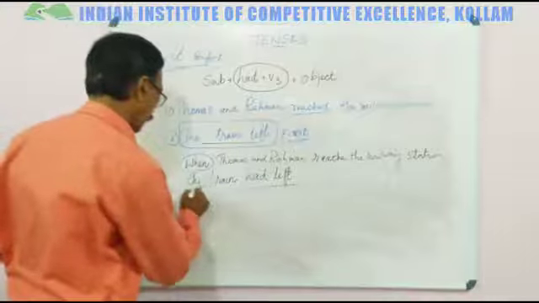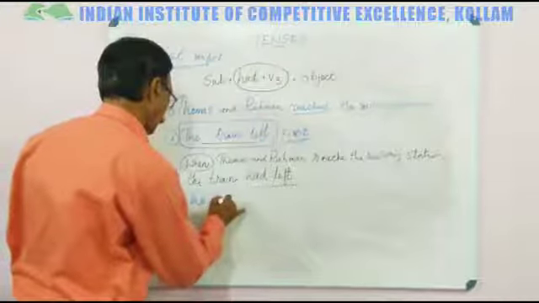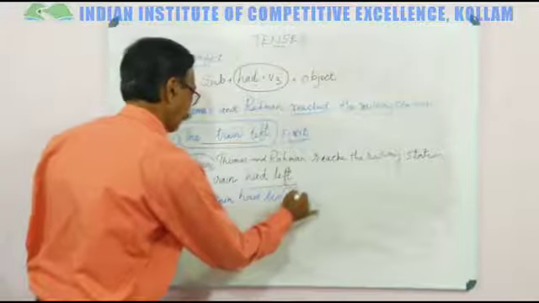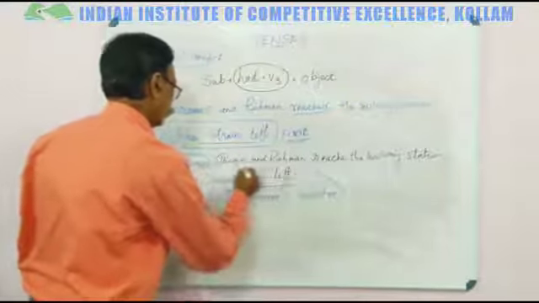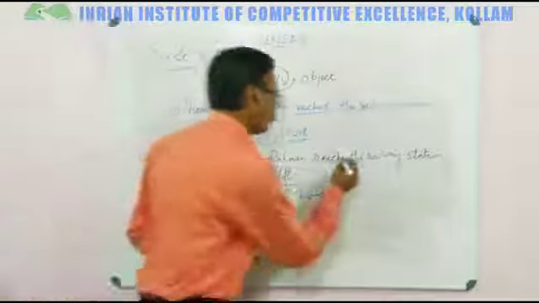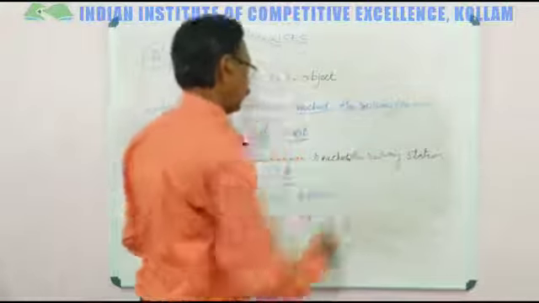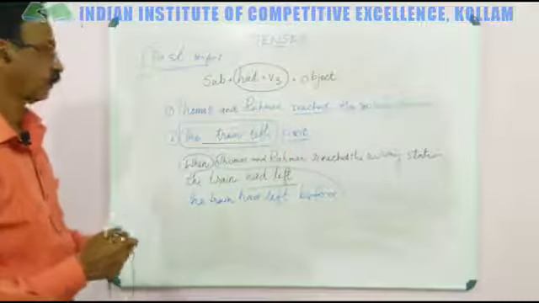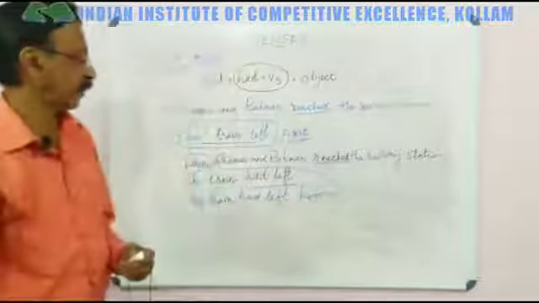You can use before also. The train had left. You start with the train. The train had left before Thomas and Rahman reached the railway station. This is reached, R-E-A-C-H-E-D. Reached.